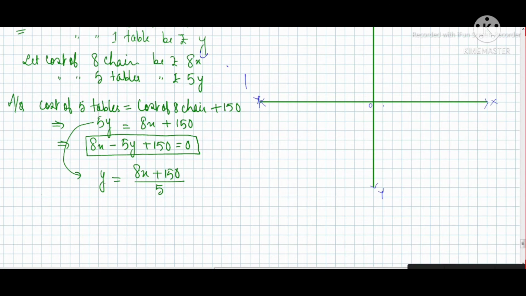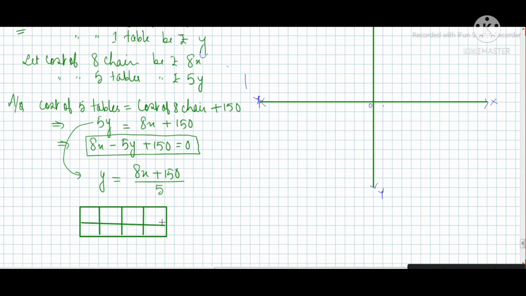So if I put the value of x, then I will get the value of y. For that I have to make a table to draw the graph. So let's make a table. I will make 3 columns and 2 rows.